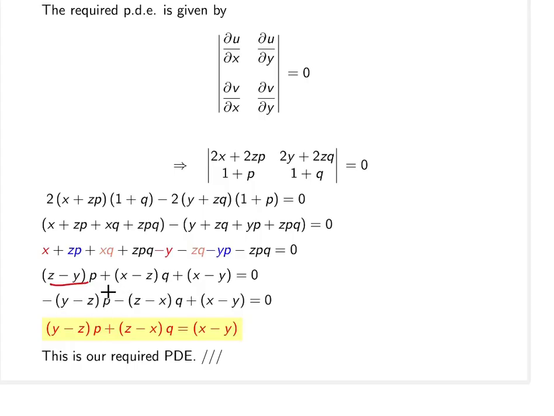Here also we bring the negative outside, we get minus of z minus x. So we write: y minus z into p, z minus x into q, that is equal to x minus y. This is our required partial differential equation, and we have also eliminated our arbitrary function phi.